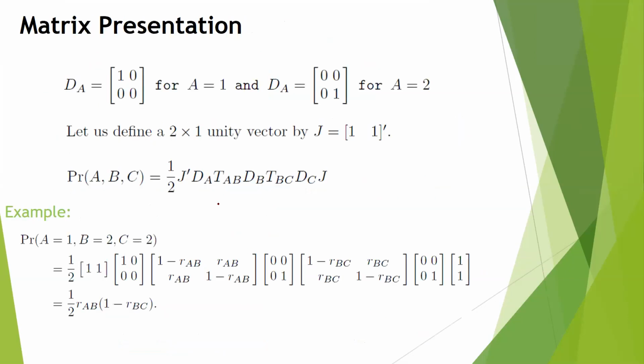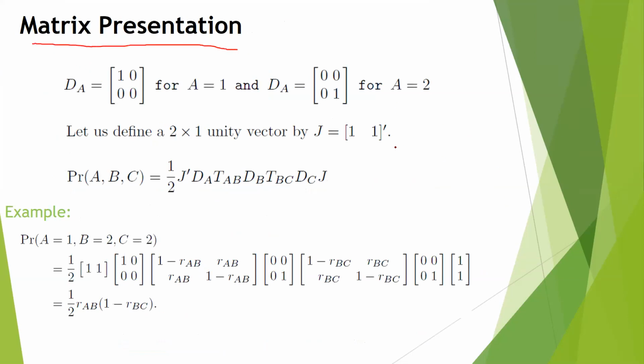Sometimes it's difficult to figure out which element in which transition matrix. So there's a better way to do this, even better when we want to use a computer, for example, R program, to help us do the calculation. So we're going to use the matrix notation here.